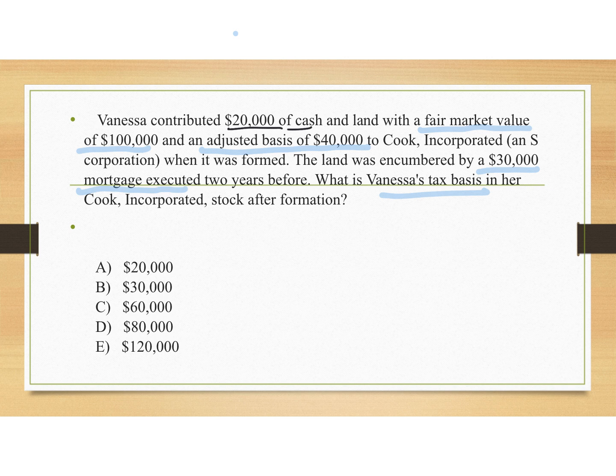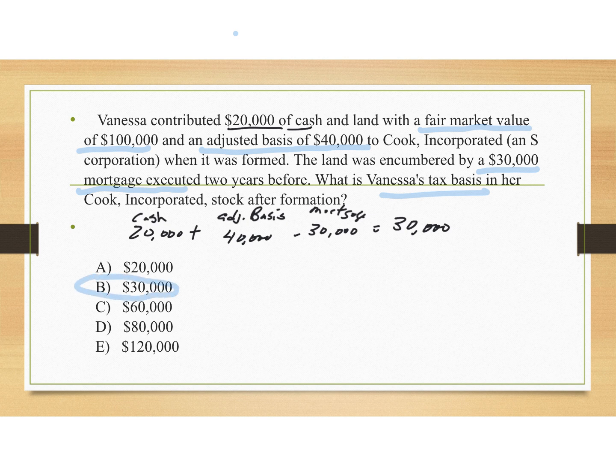We're going to have to add up the value of what she contributed: she contributed $20,000 cash, the adjusted basis of the land was $40,000, and then because they relieved her of the mortgage, that reduces her basis. So that leaves a basis of $30,000. And so the answer is B.